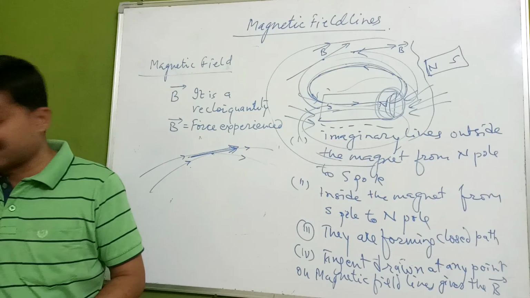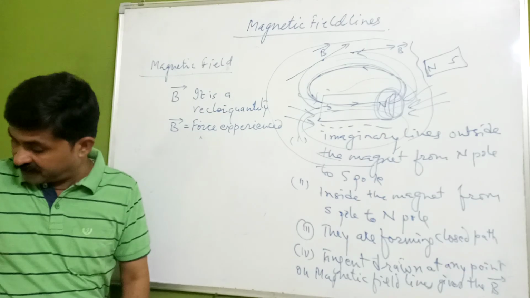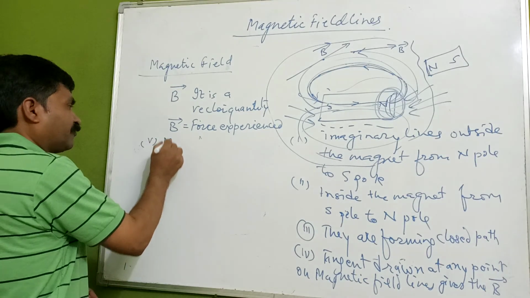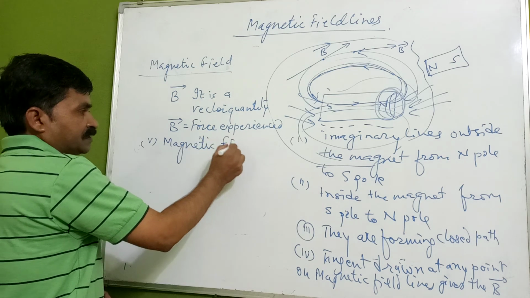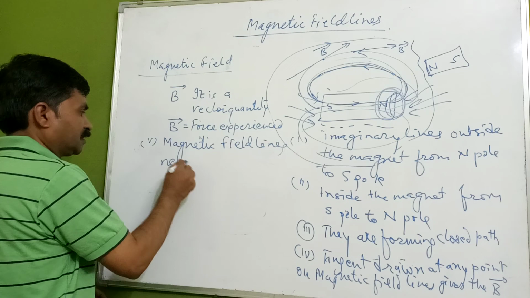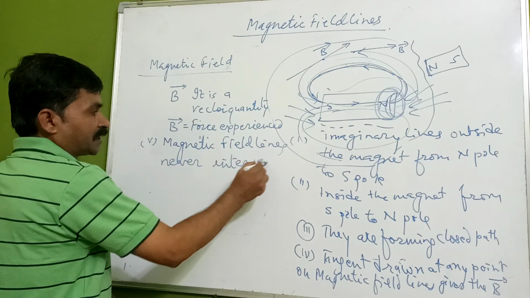We can say it is the fifth property: magnetic field lines never cross each other, never intersect each other.